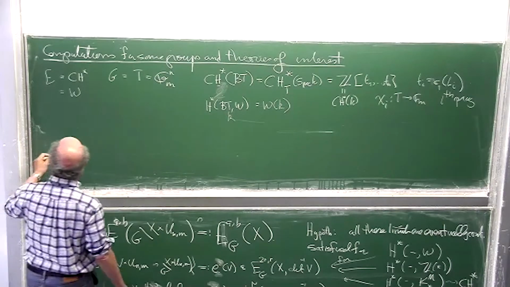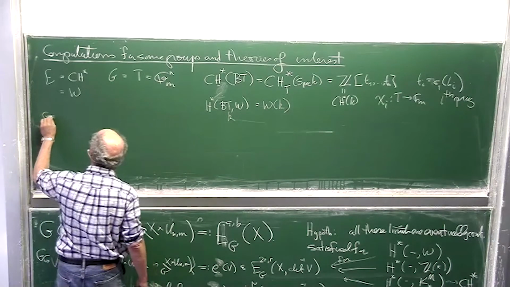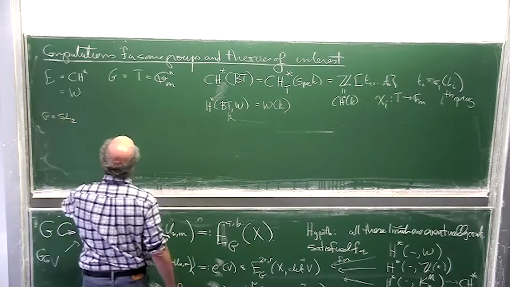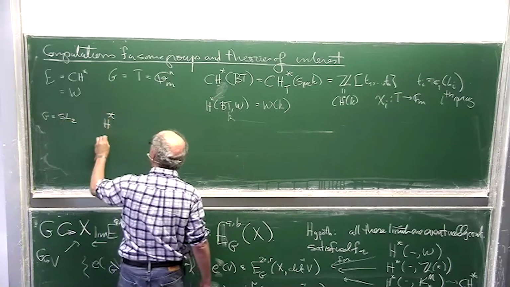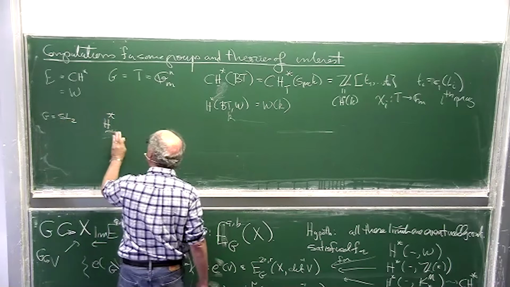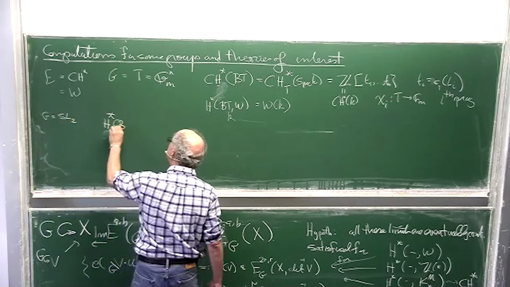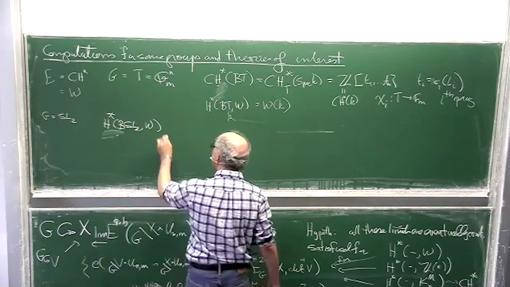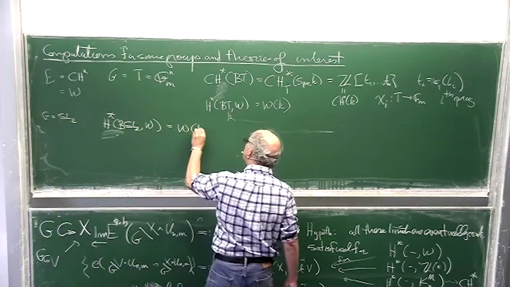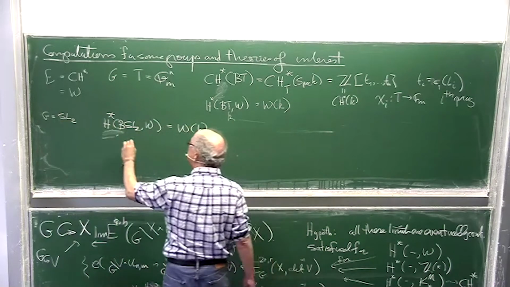So that's what you do. So now you take G to be SL2, and lo and behold, you take H star of BSL2 with coefficients in the Witt sheaf, or maybe you might take this to the n.